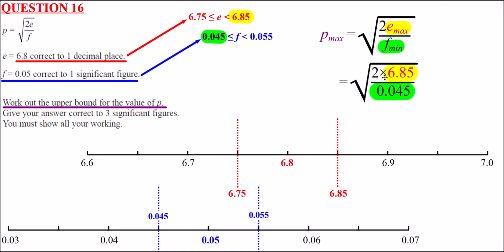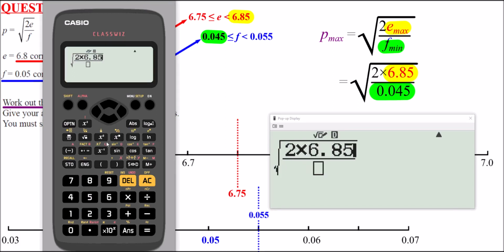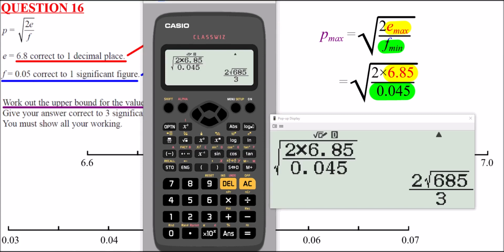Now at this stage we need to get our calculators out and actually perform the calculation. So all we need to do is to type in first off the square root symbol, and this is a fraction, so I'd suggest we type the fraction button in and press 2 times 6.85 all over 0.045. Press equals, and we get this strange expression here, but not to worry. We need our answer to, what does it say, 3 significant figures.